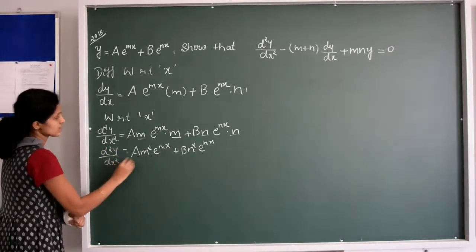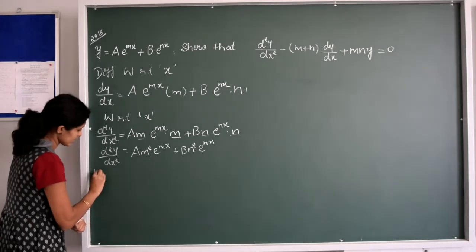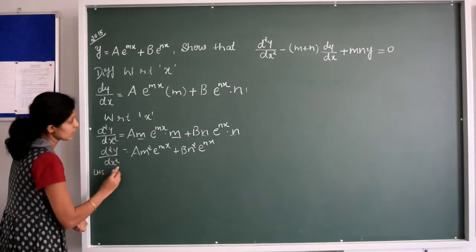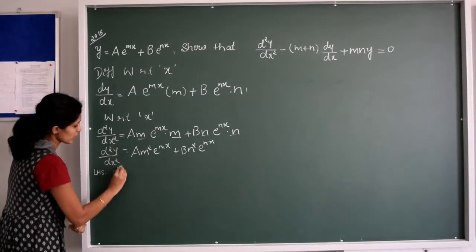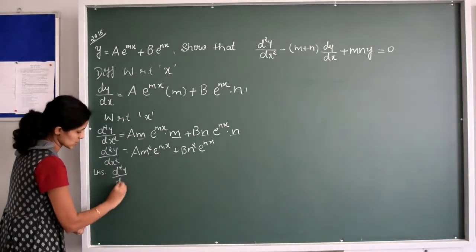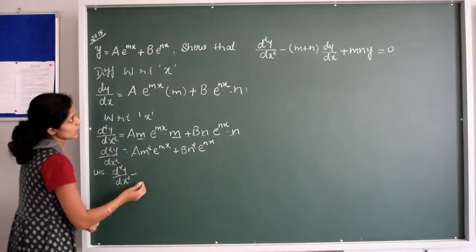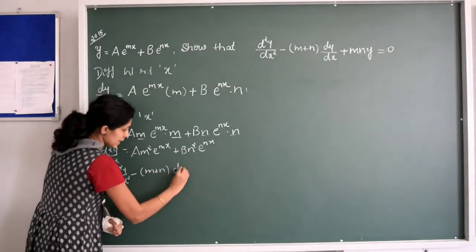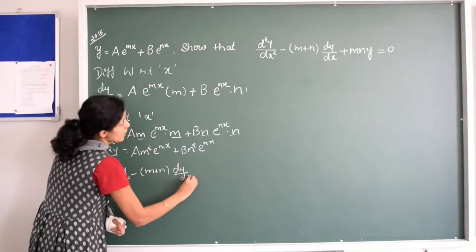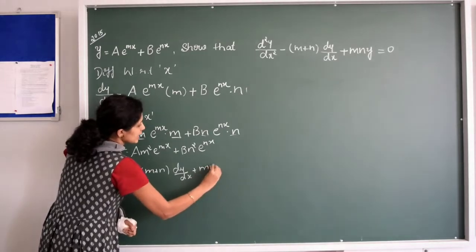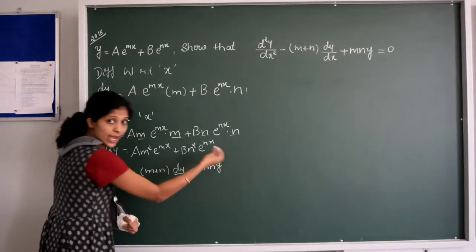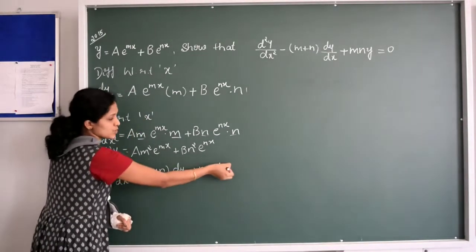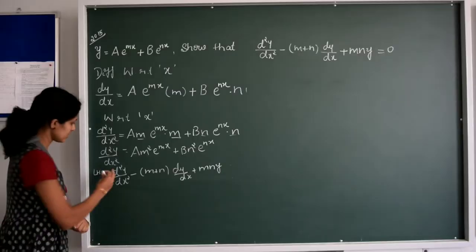So now we will consider the left hand side. What is the left hand side given? It is given that d square y by dx square, right, minus of m plus n into dy by dx plus m n into y, we have to prove that equal to 0. We are not supposing that this is equal to 0. Now let's substitute all the values.